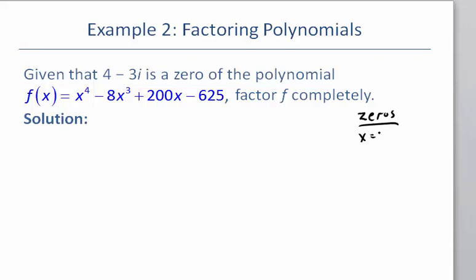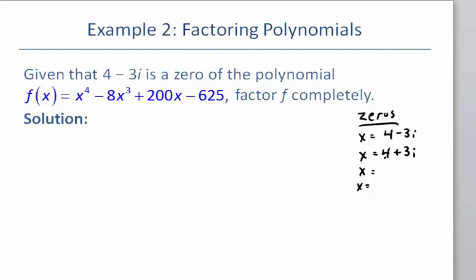I know that one of those zeros is 4 minus 3i because they gave me that one. I know that 4 plus 3i is also a 0 because of the conjugate theorem that we just looked at. And I am expecting to have 2 more zeros because the degree is 4.